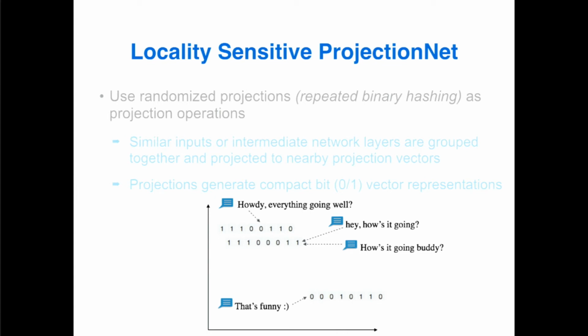All of these look very similar to us, but they are in high dimensional spaces because they are over words or character sequences which have a much larger vocabulary space. But if you have a projection operation that can convert this representation into some vectors, things that are nearby in the space all represent things that are semantically similar. That's a good projection operation. Whereas something like "that's funny" is far away because it encodes a very different type of features. So this is essentially what locality sensitive hashing will give you.